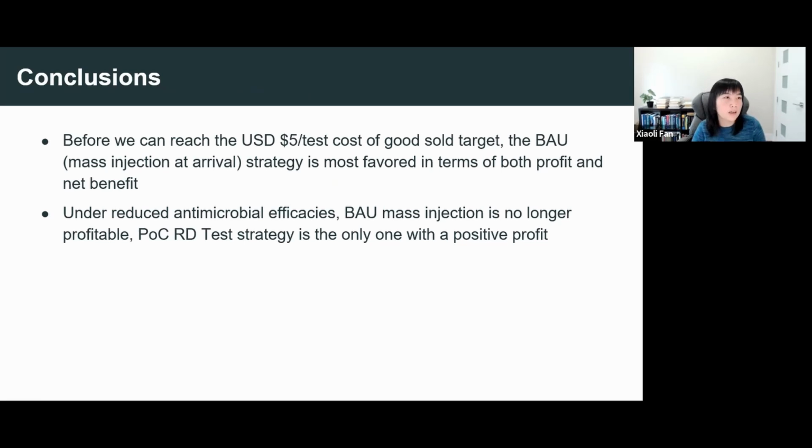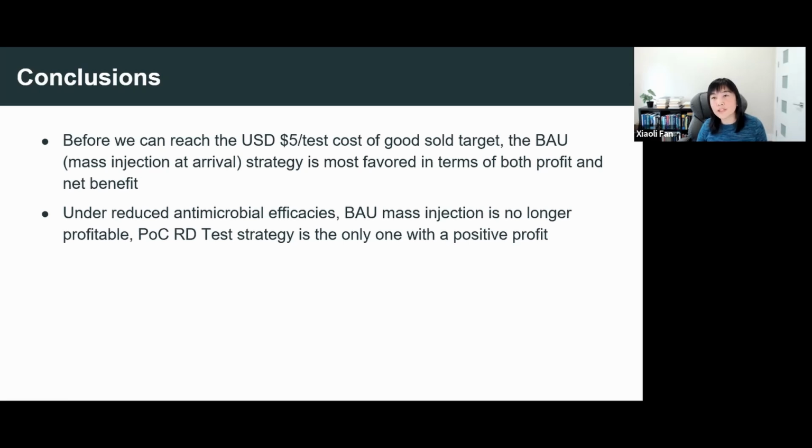If we can reach that target, then the individual point of care rapid test will be the one that leads to the largest net benefit.